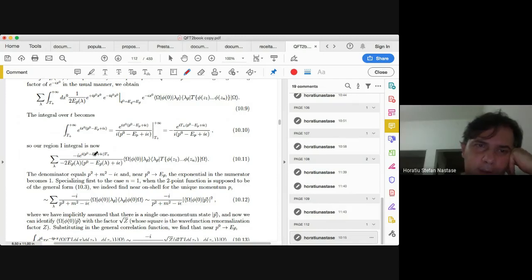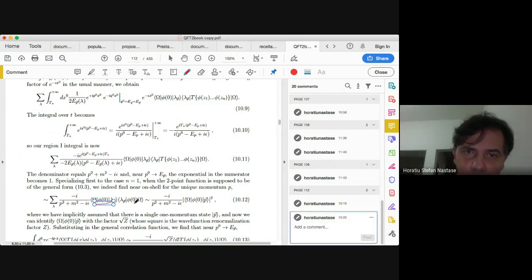Here p0 is approximately equal to E_p, so this thing goes away, and the regularizing factor is irrelevant because it multiplies this finite t plus. So I just drop it. So this exponent, you just drop it. So what we're left with is this sum over lambda, this free propagator, this matrix element, that's the important part, and then the lower n-point correlation function.